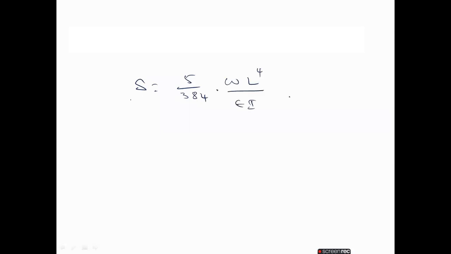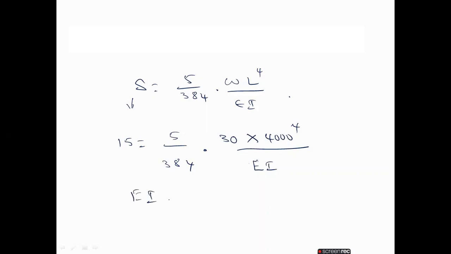So here substitute all the values: delta equal to 15, 5 by 384, W is the load 30, L is 4000 power 4, and EI is the unknown here. Once you calculate, the EI value we will get is around 2.3 into 10 power 13 Newton per mm square. So this is the basic formula, delta equal to 5 by 384 into WL power 4 by EI, for a simply supported beam carrying UDL over the whole span. So we substituted here and we got the EI value.